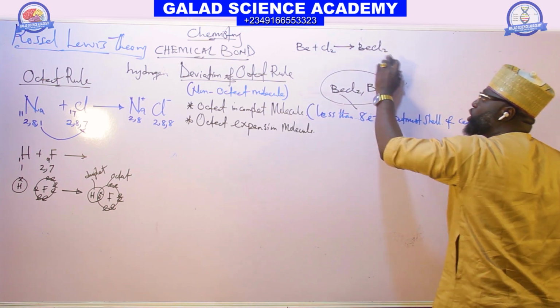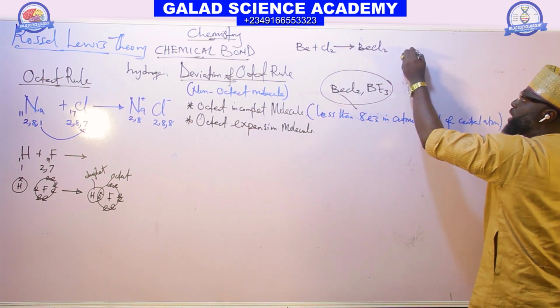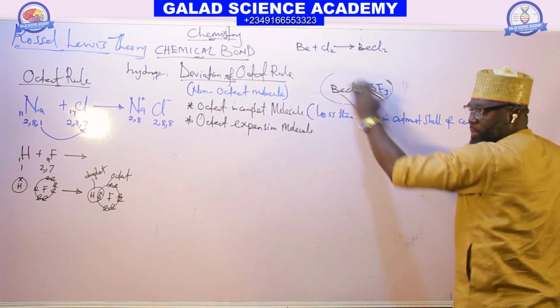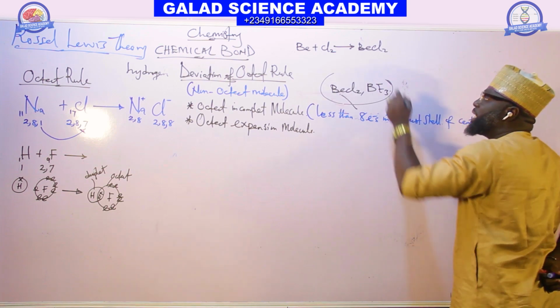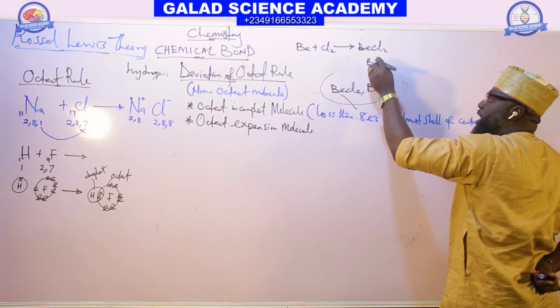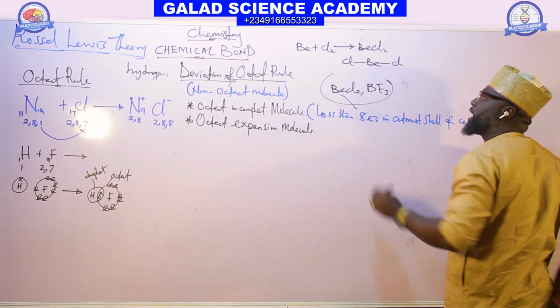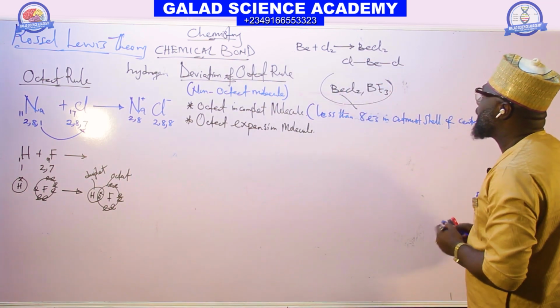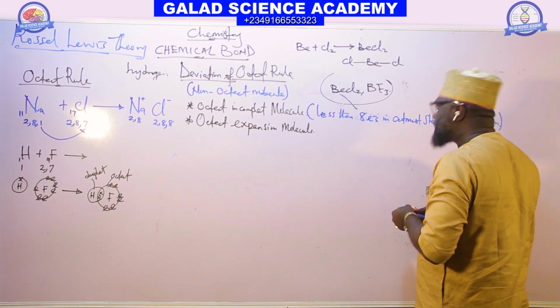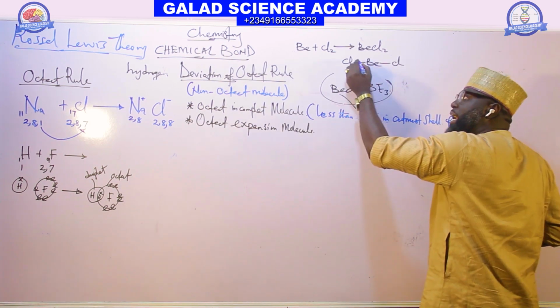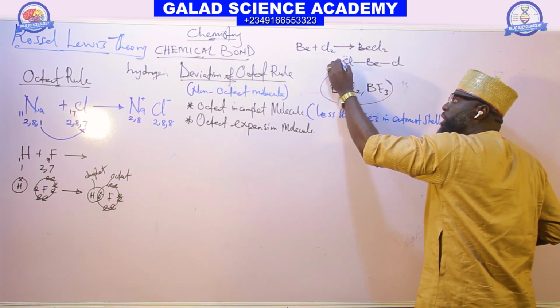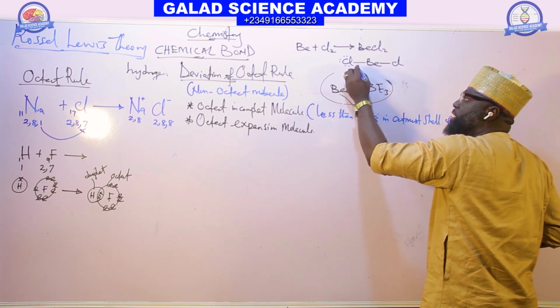The structure of BeCl2: the Be here reacts with Cl and Cl. Look at the Cl here, it has 1, 2, 3, 4, 5, 6.